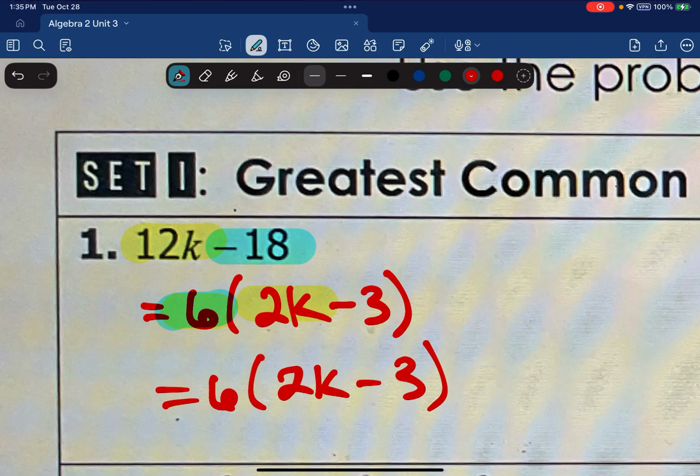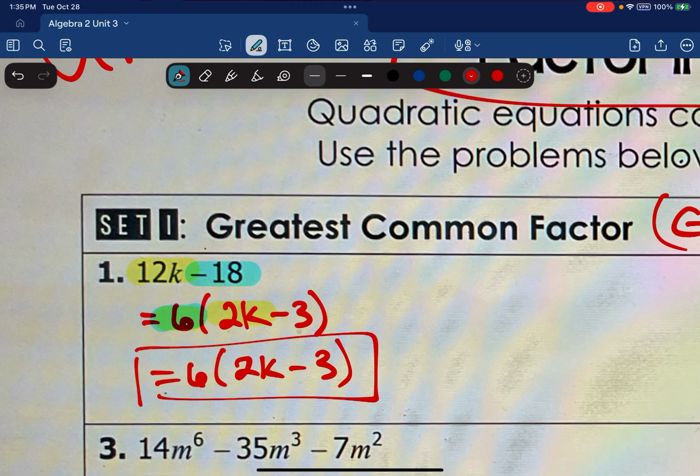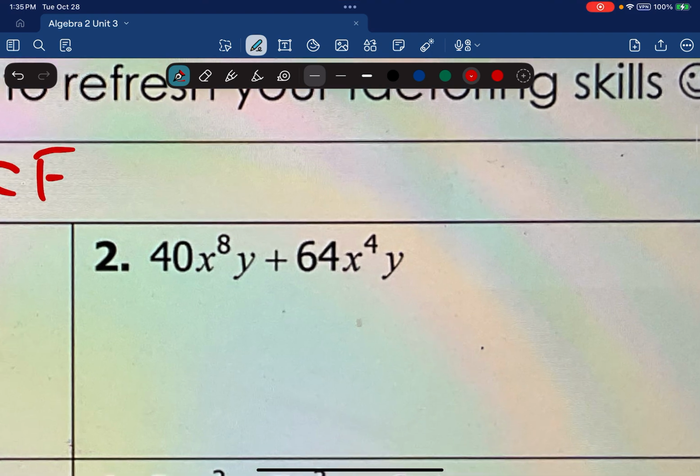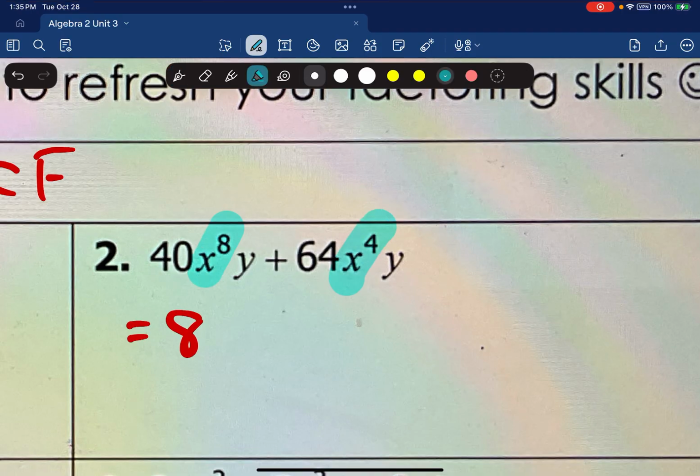Okay. Repeating the process. Not only can we factor numbers out, but we also can factor variables. So notice on number 2, I have 40 and 64. They have a greatest common factor of 8. But not only do they have numbers, they have variables. Both of them have x terms. I have an x to the 8th power and an x to the 4th power.